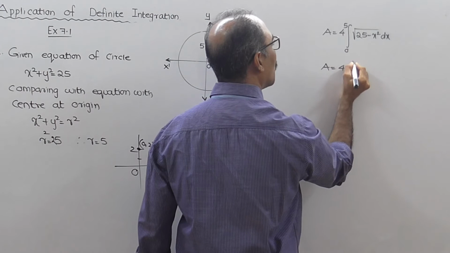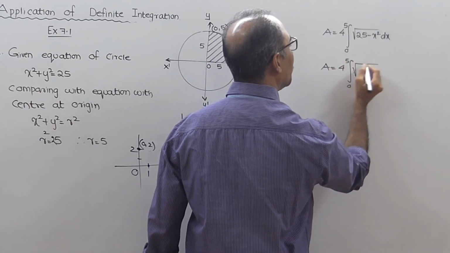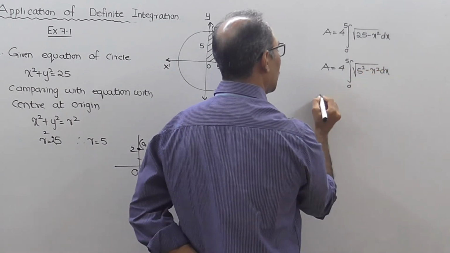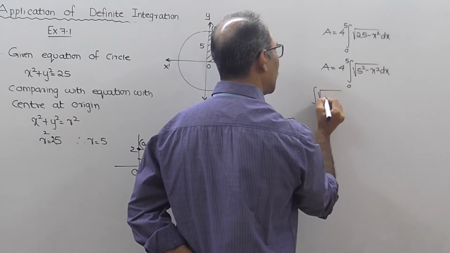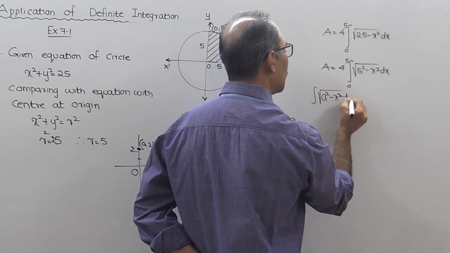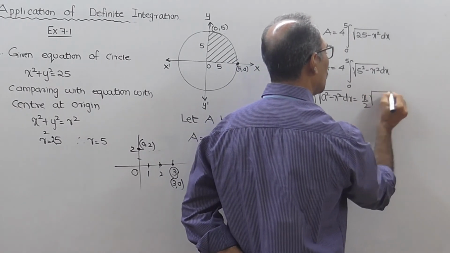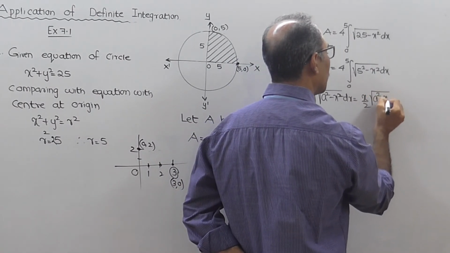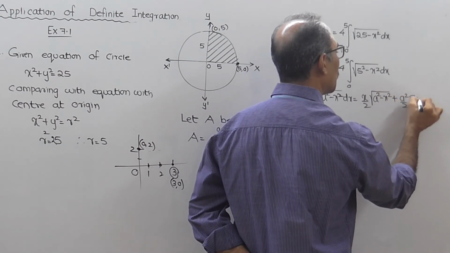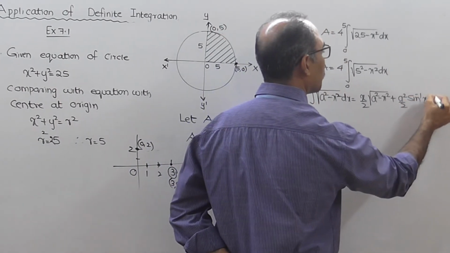So area will be 4 integration 0 to 5. I will write 25 as 5 square minus x square dx. There is a formula which says that integration of root of a square minus x square dx equals x upon 2 root of a square minus x square plus a square upon 2 sine inverse of x upon a, plus c.